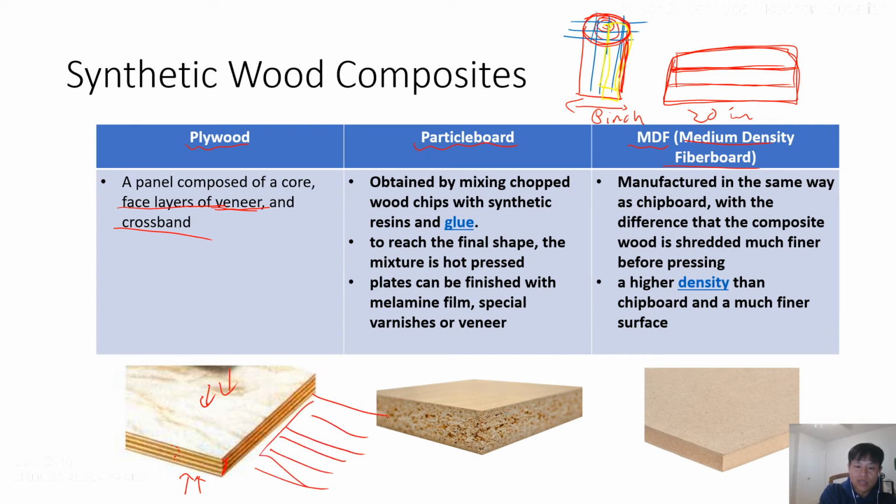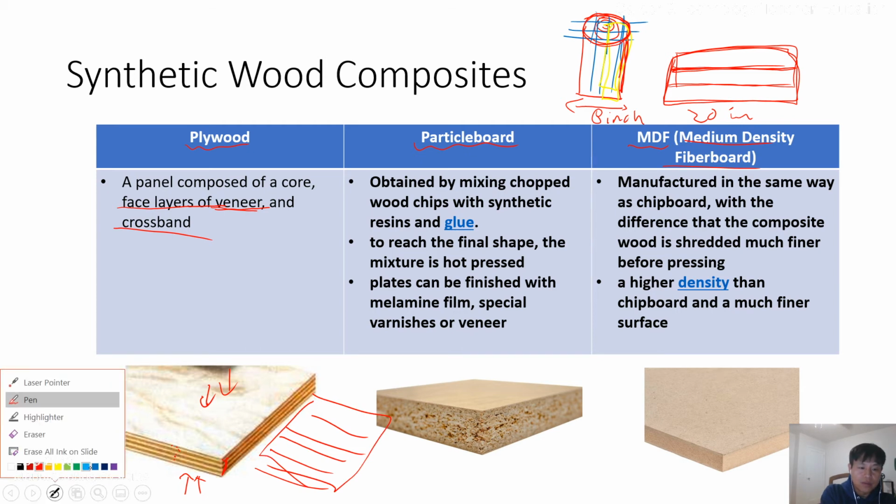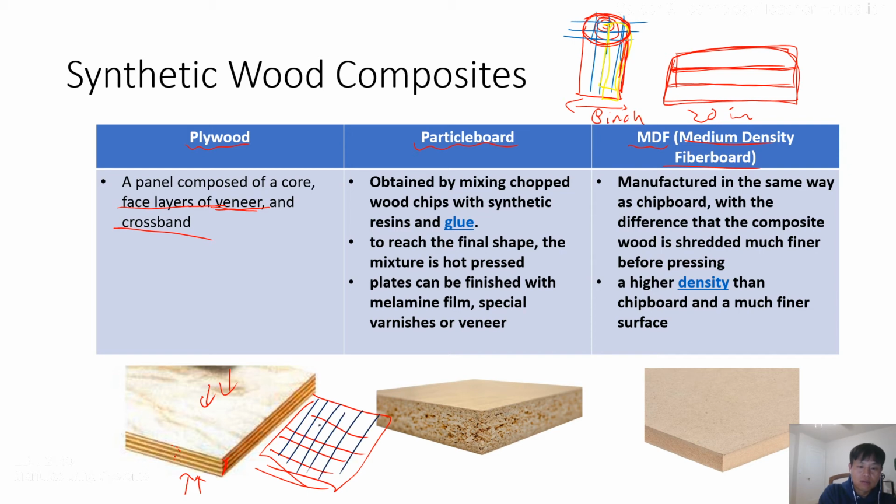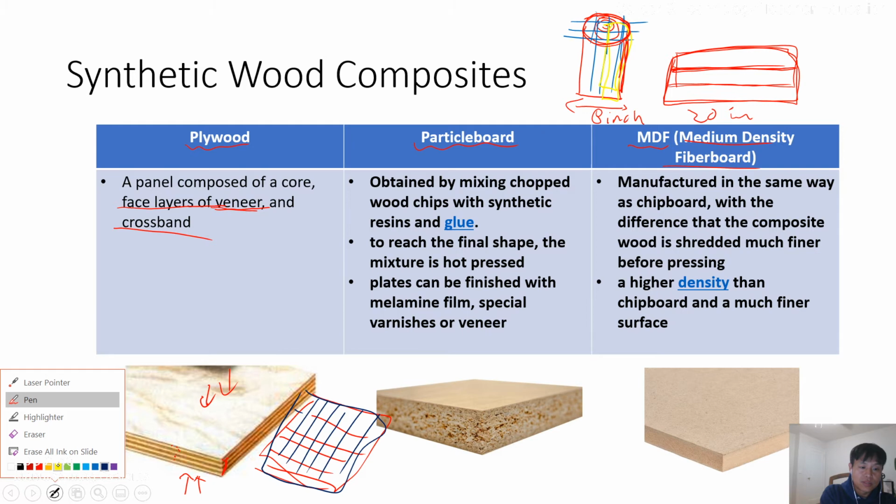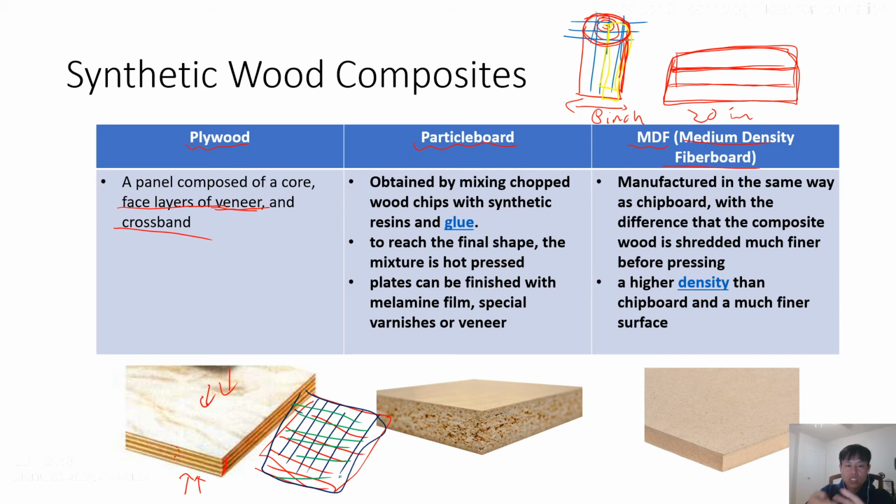Then we add a second layer with the grain going across, and then the third layer again like the first layer, this way. This crossband makes the wood panel sturdier and stronger. So that's why it is plywood.